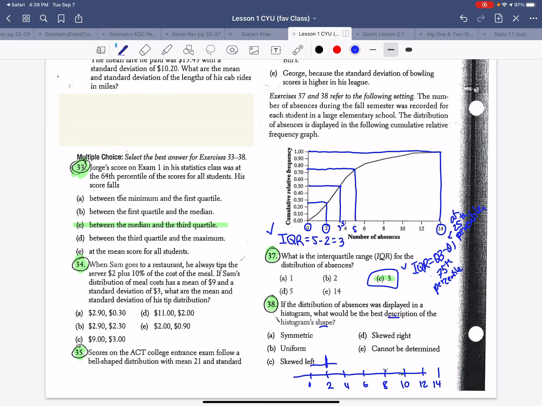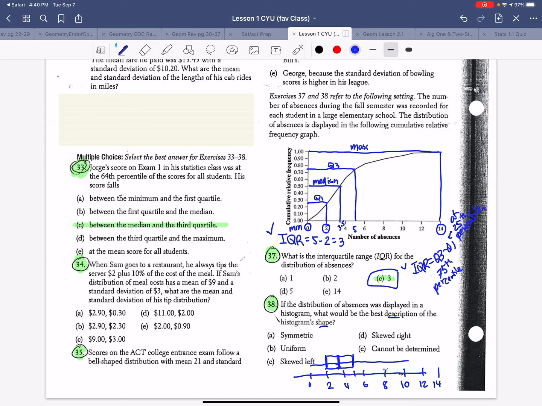The middle of my box is at 3.5. Right, that's my median. And then my quarter 3 is at 5, so that's halfway between 4 and 6.